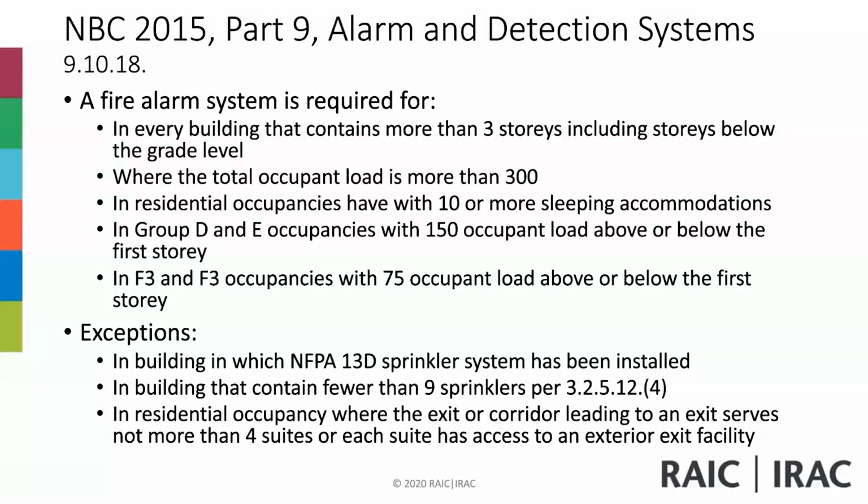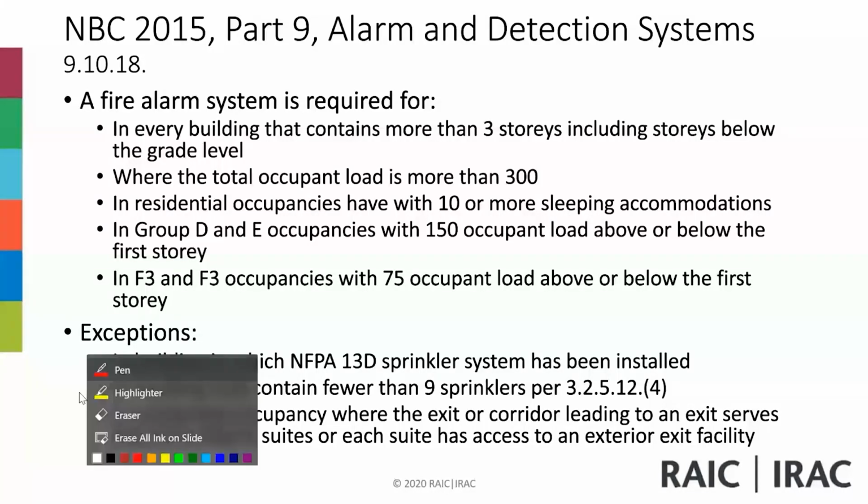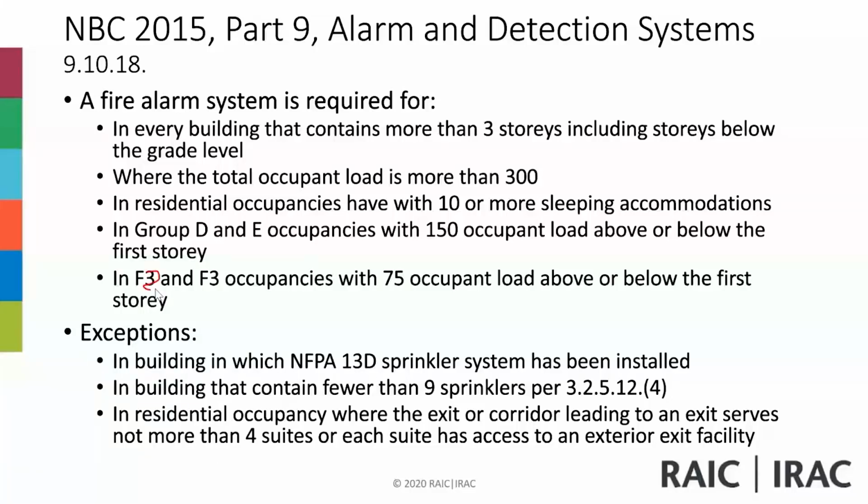You've got to have either more than 150 above or more than 150 below, and then it counts. In F2 and F3 occupancies with 75 occupant load above or below the first story.